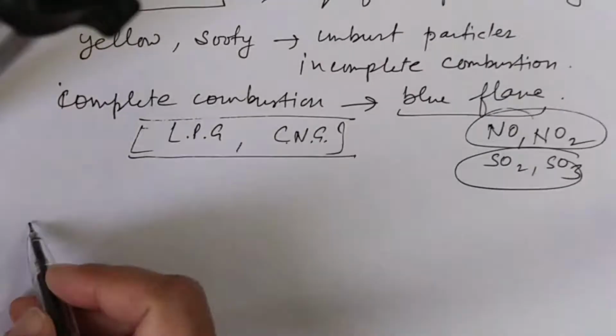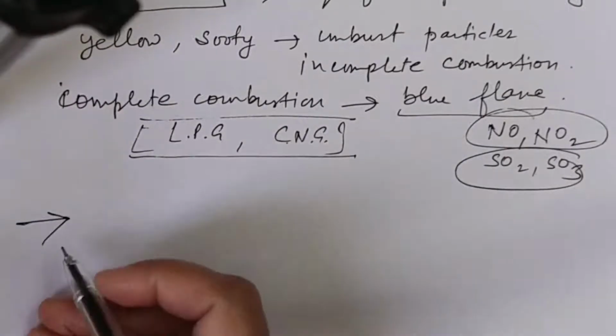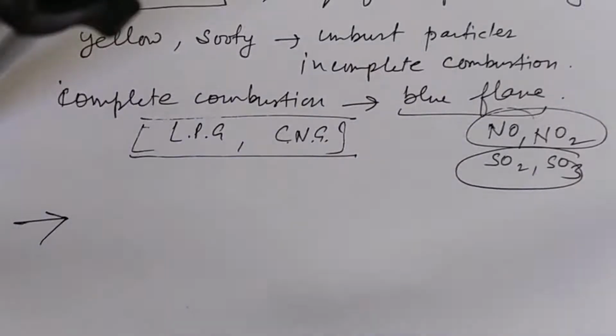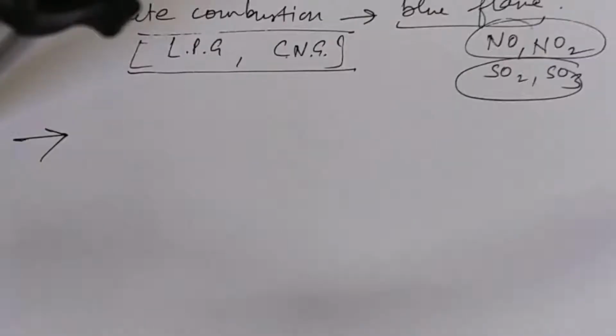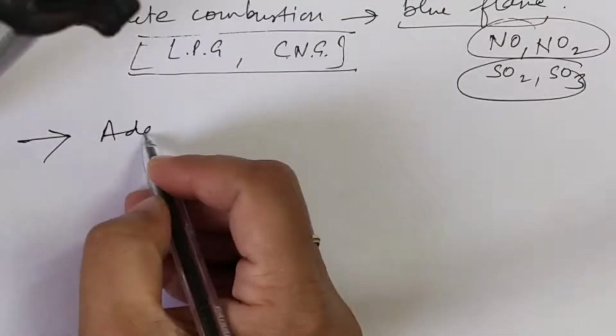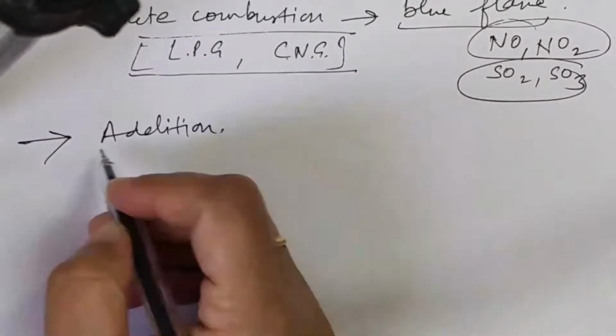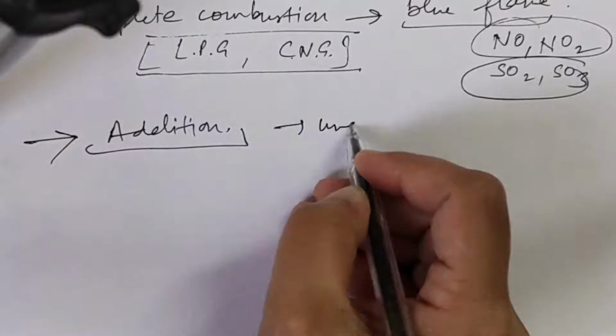The next thing we are going to discuss here, students, is a very important reaction after the combustion reaction: the addition reaction. Addition reaction is shown by compounds which are unsaturated in nature.